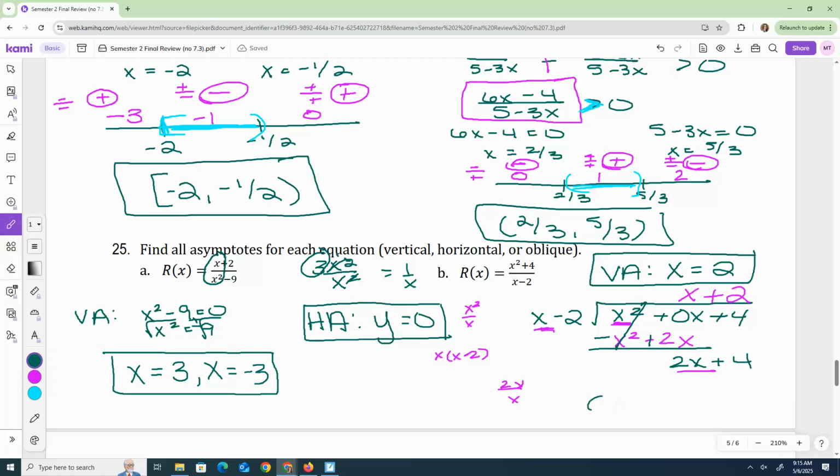So your oblique is y equals x plus 2. Any questions on that one?